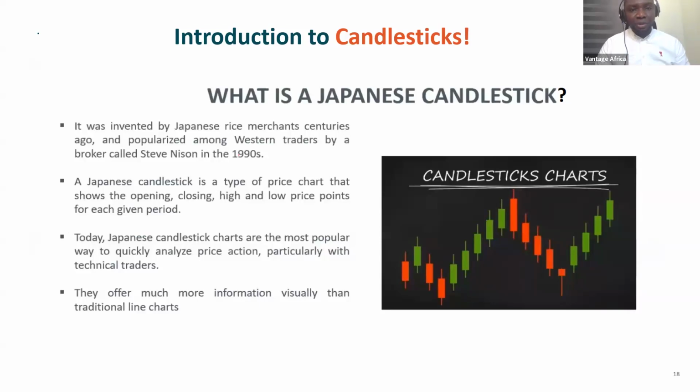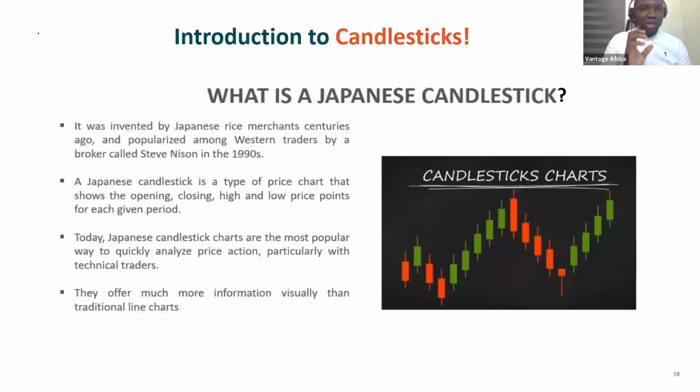Japanese candlesticks are a type of price chart. They show the opening, the closing, and the high and low price for a particular period, and that period ranges from 1 minute all the way to 1 month.